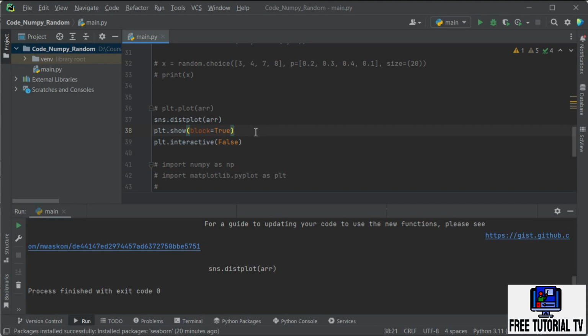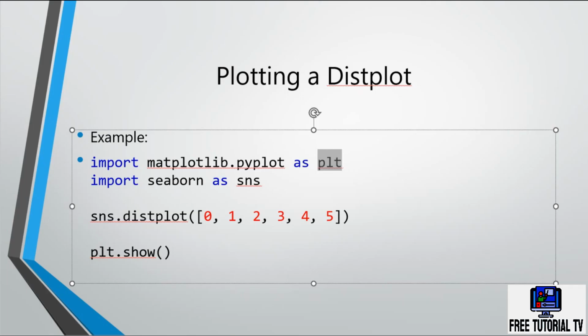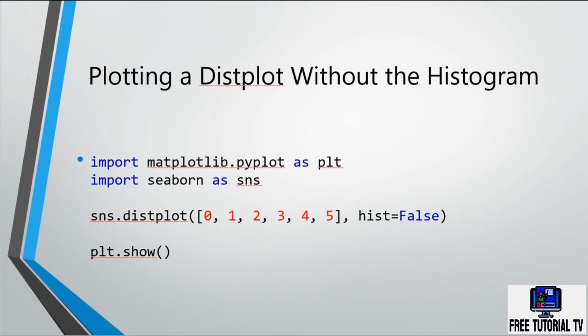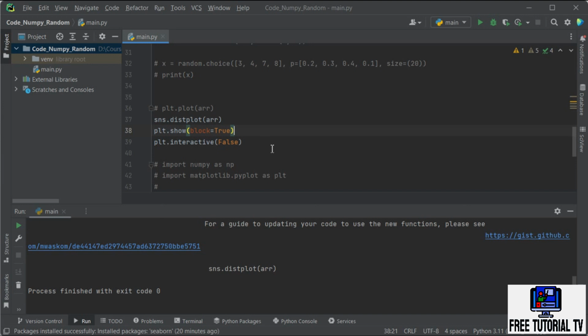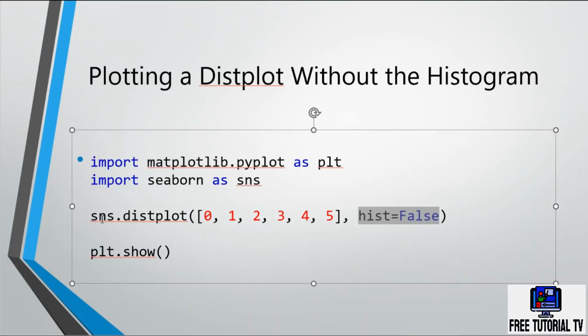Let's go and see the next example of the distribution. Now using the distribution plot we see a histogram in the center. If you don't want the histogram, you can remove it. In the sns distribution plot call, you can make hist false.